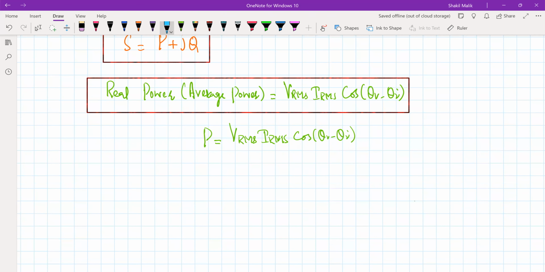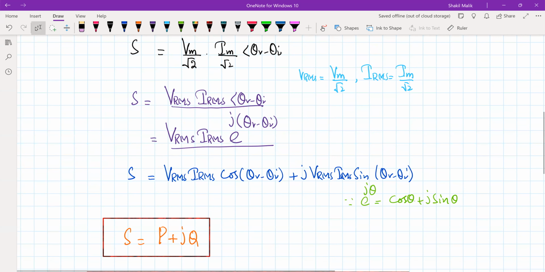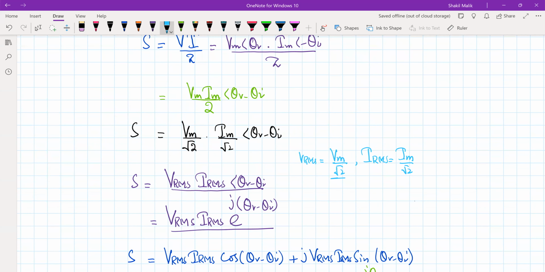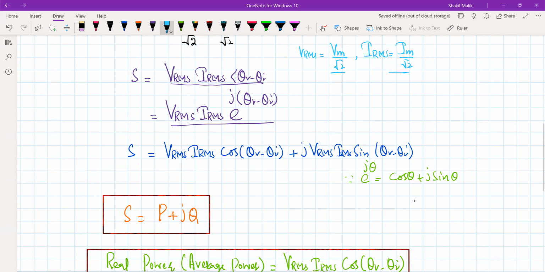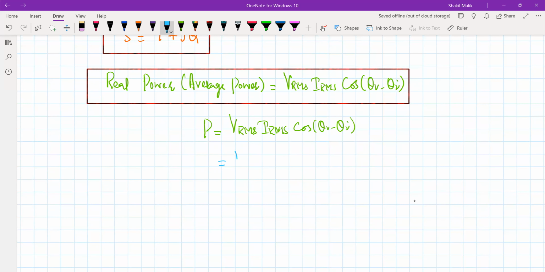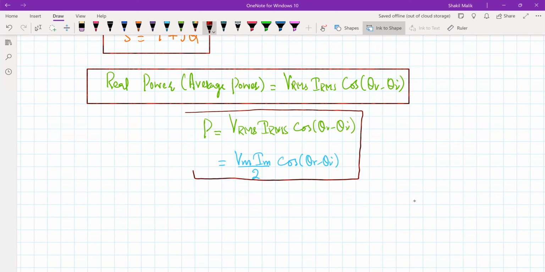If we substitute back the value of VRMS and IRMS, we can also write it in terms of the maximum or peak value. So we can write it as Vm Im divided by 2 cosine of theta v minus theta i. So this is the expression of this real power or the average power across the element. All right, so this is how we define the real or the average power.